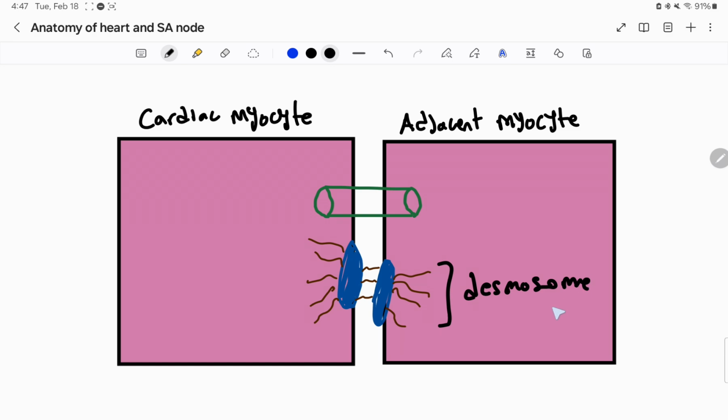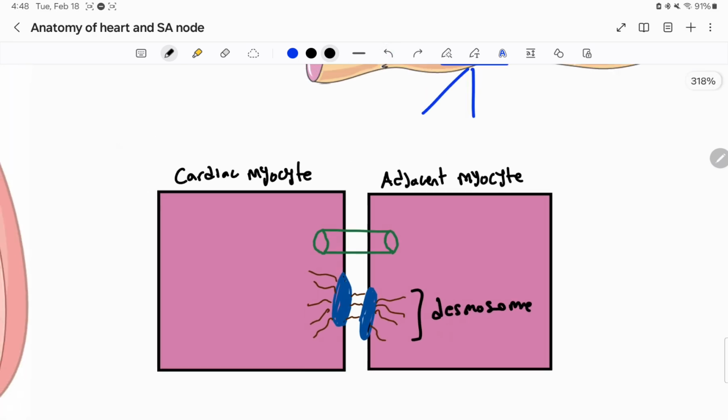Now, a desmosome, if any of you ever took cell biology, is kind of like an adherence junction, which means that it basically attaches two cells to one another. It makes them adhere to one another. But you also see something else. You also see this guy right here, which is called a gap junction.